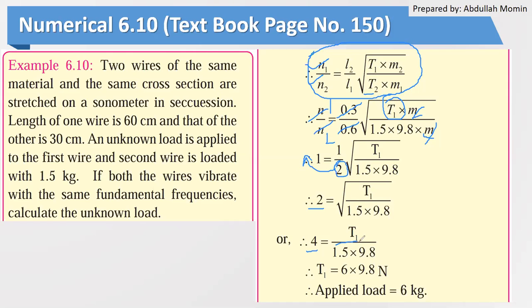Now T1 can be written as 1.5 into 4, which is 6, into 9.8 Newton. That means it is 6 kg. We remove the 9.8 and the remaining part is the mass, meaning the tension, which is equivalent to 6 into 9.8 Newton, is 6 kg.